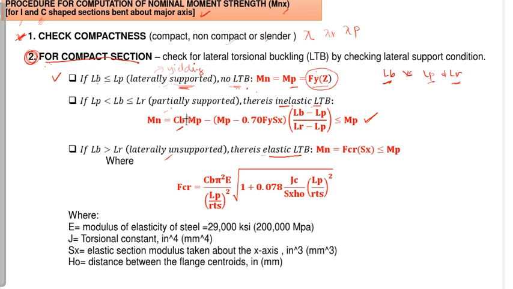Alam natin kung paano mag-solve ng Cb. Yung Mp natin, okay? Still, this would be equal to our plastic moment, that is Fy Zx. Okay? And yung iba, ito, mga properties ng steel. And syempre, yung Lb, Lp, and Lr, solve nyo muna yan, di ba? So, meron na kayong values niyan.